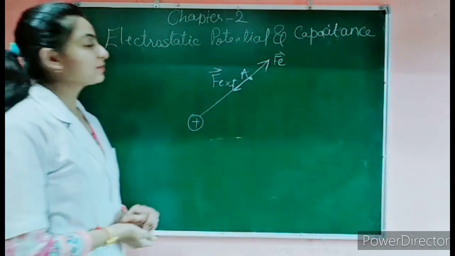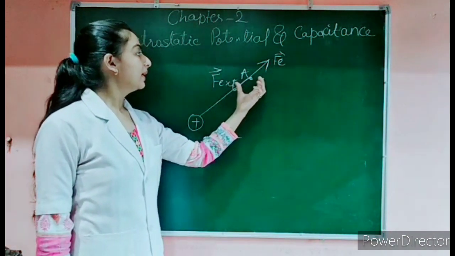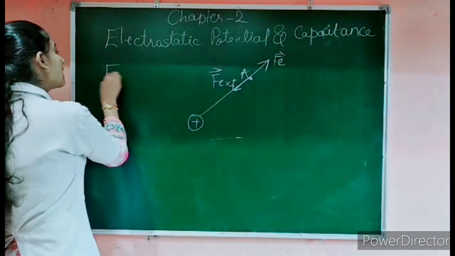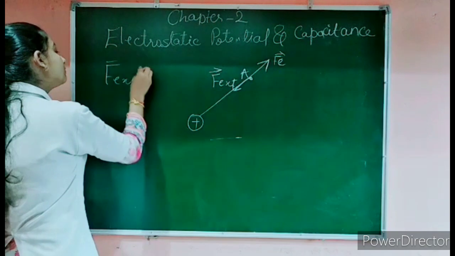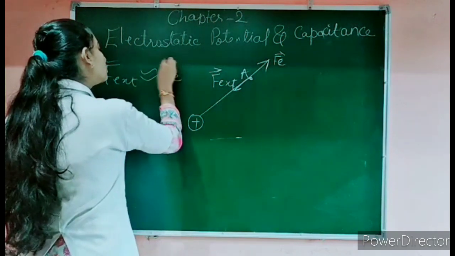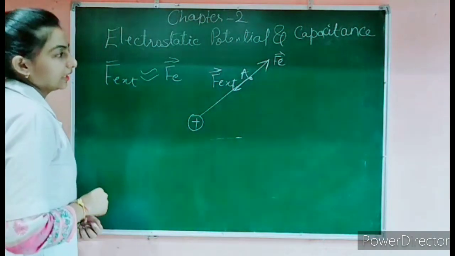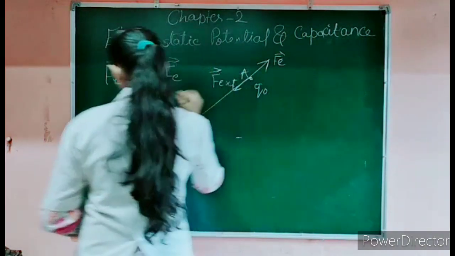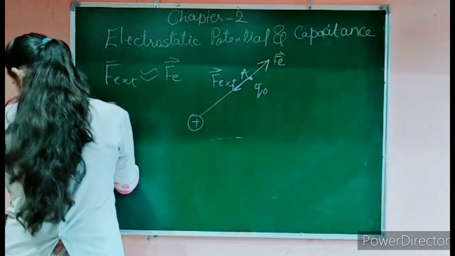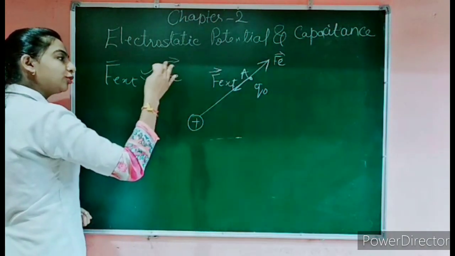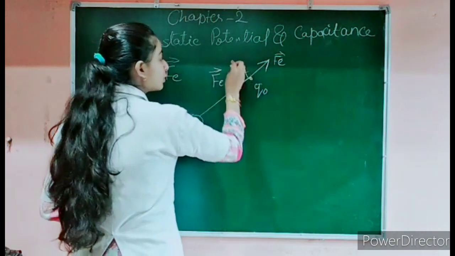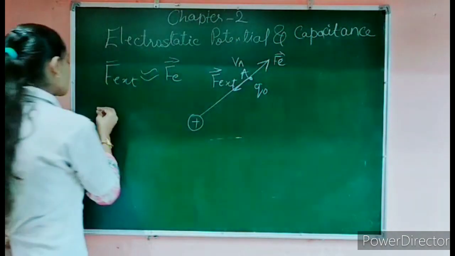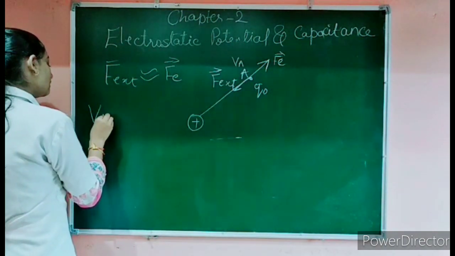So the external force will be equal to the electrostatic force, F external equals F E. Now some charge present here will be Q0. In bringing a charge from infinity to point A, the potential will be VA.